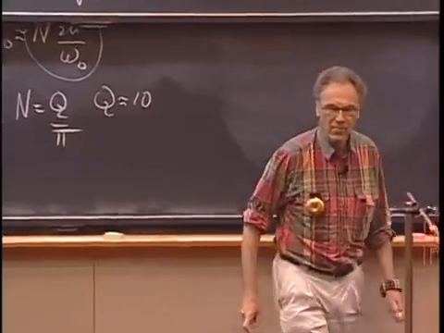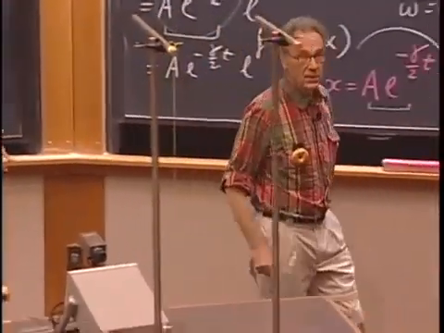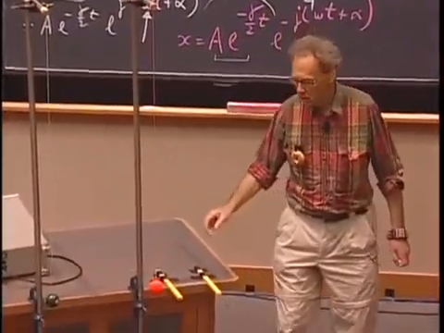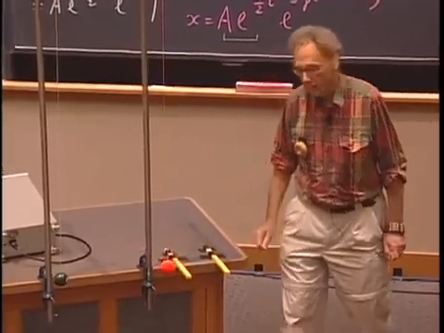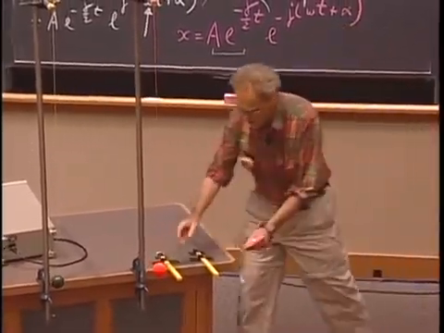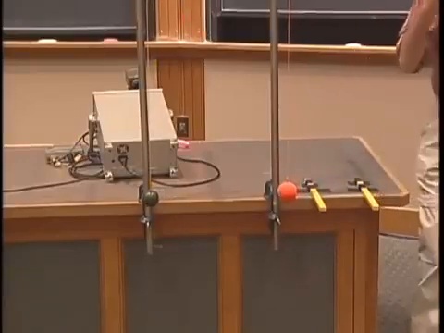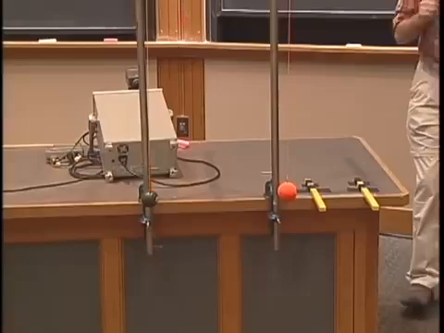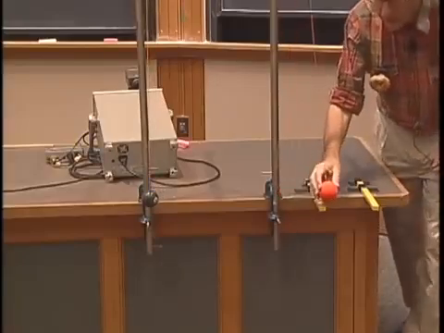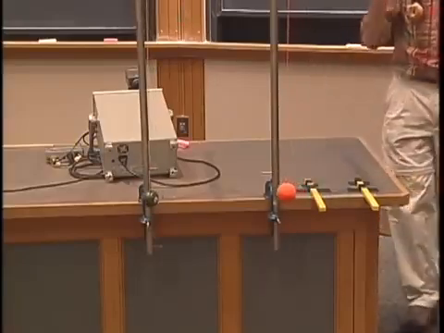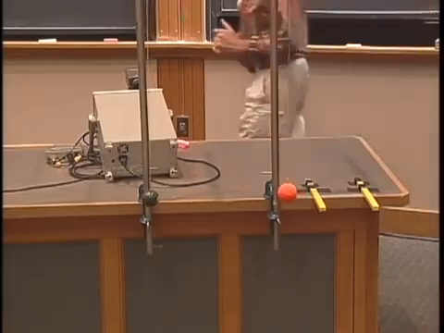So I will not attempt that, but I will attempt to measure Q with this pendulum. If I bring this here, the separation from equilibrium is 27 centimeters. And by the time that it has decayed to this, it's 10 centimeters. So that's about a factor of e.